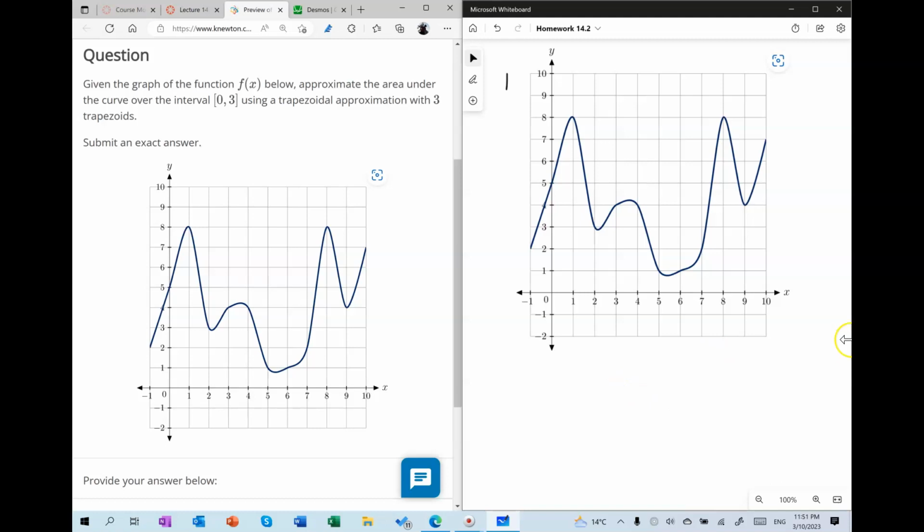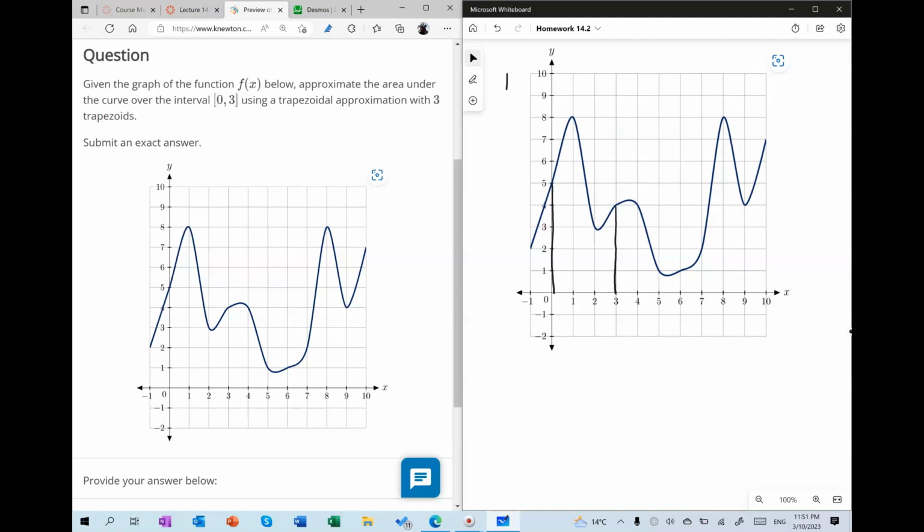And let's just follow the instructions. A is equal to 0, so we start here. We go up to 3, so we go up to here.